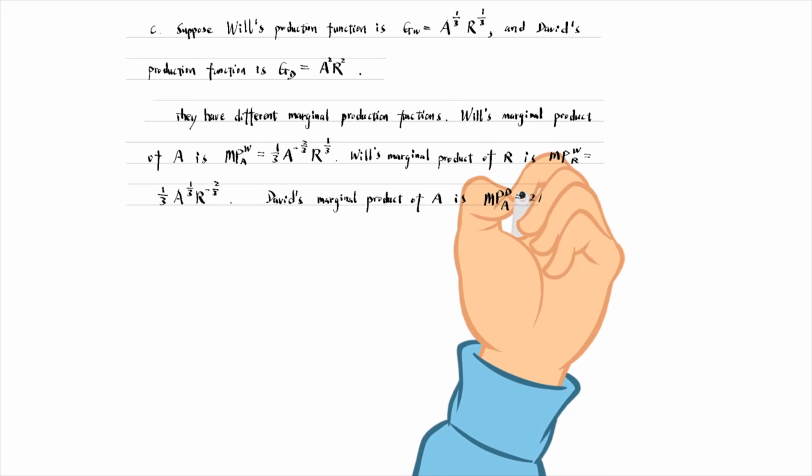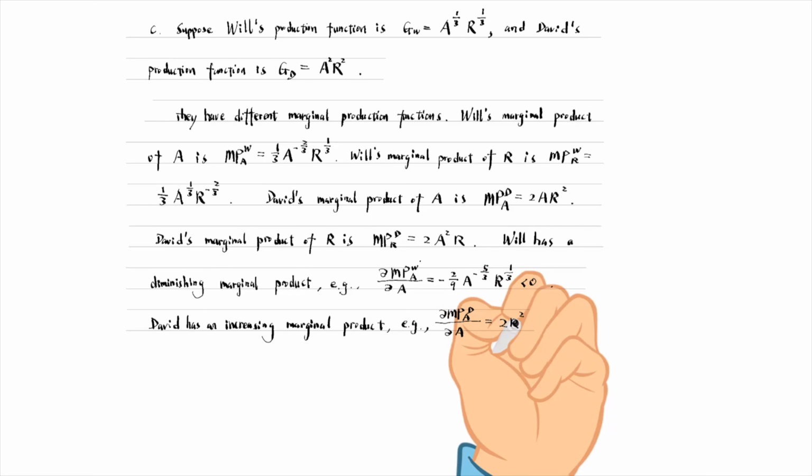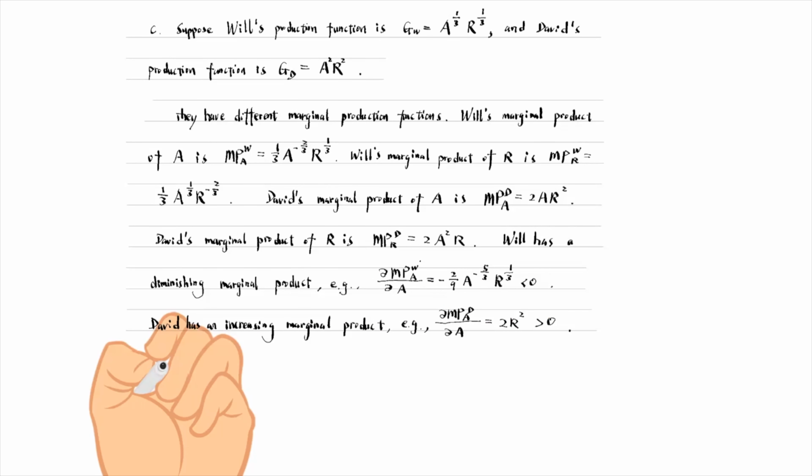By contrast, David has an increasing marginal product. For example, his marginal product of A moves in the same direction as A. However, they have the same marginal rate of technical substitution. Notice that David's production function is a monotonic transformation of Will's production function.